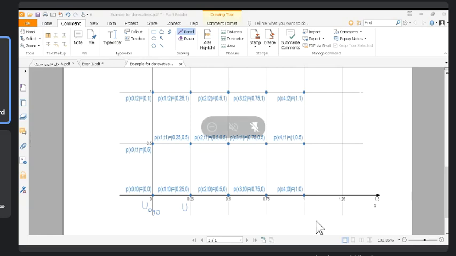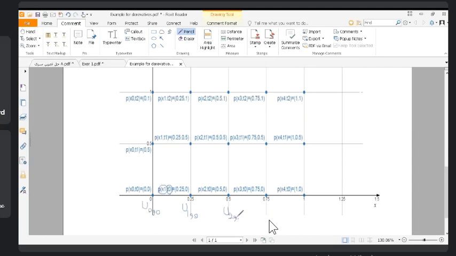Please say to me about the index of this point. The index for x is 1 and for t is 0, and for this point we have u 1 and 0. Okay, for the next point we have u 2 and 0.